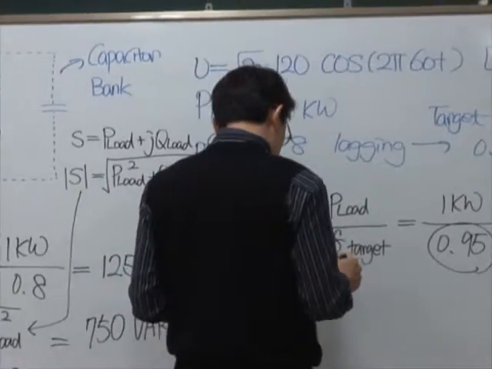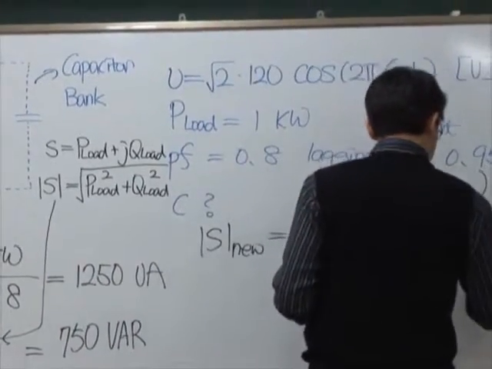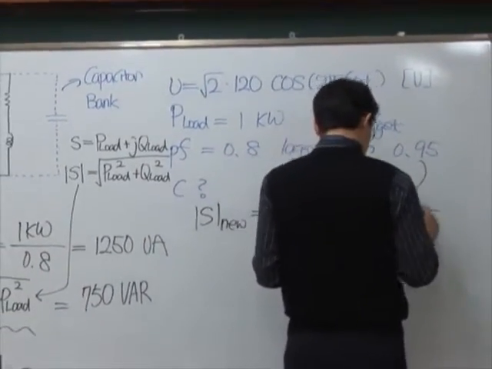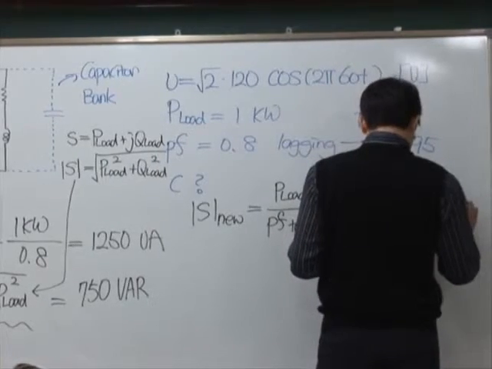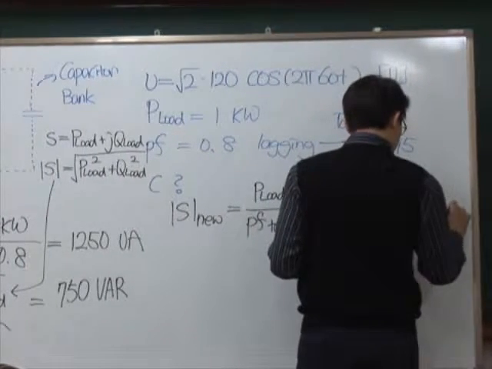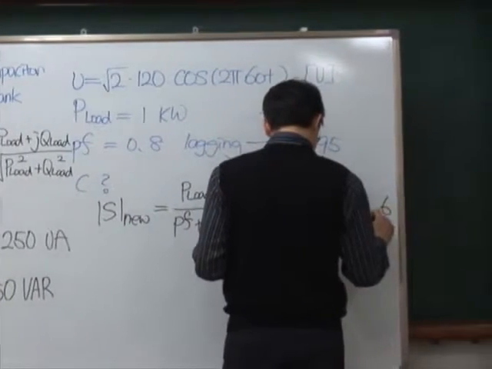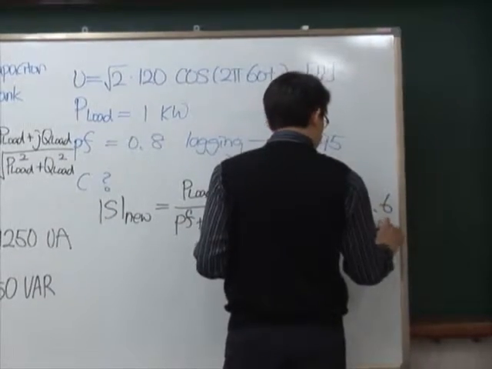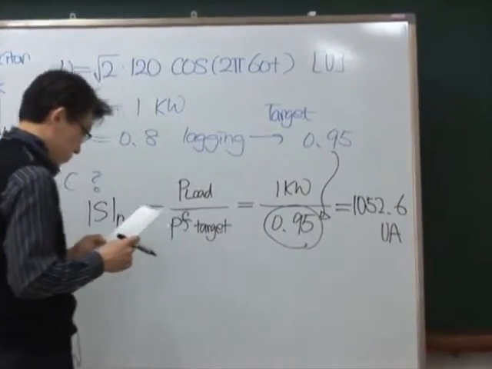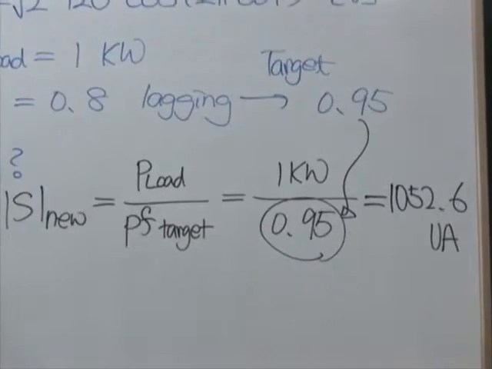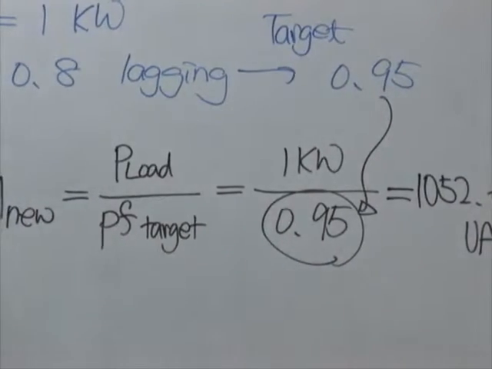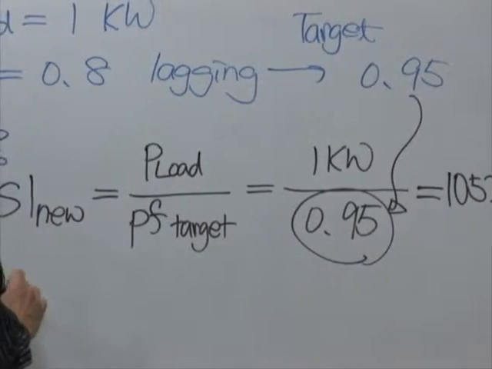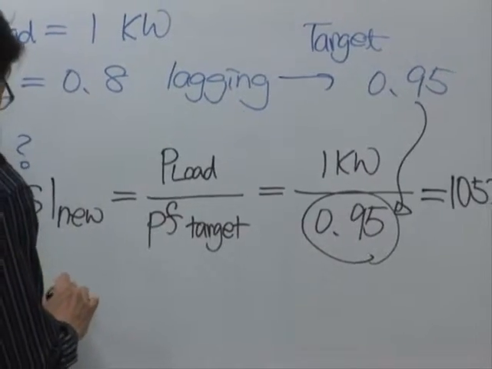So then this becomes 1052.6 volt ampere. Okay? Now we follow exactly the same step as before. Now let's compute Q load new.